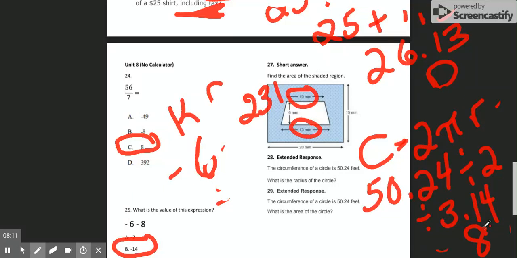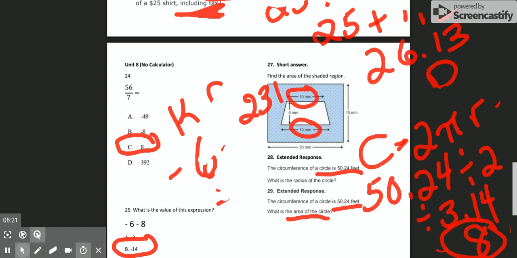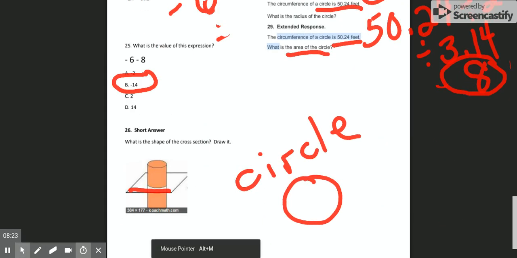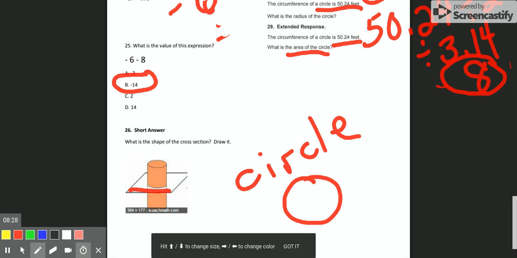And number 29, the circumference is 50.24, so we're doing the same thing, except now it wants to know the area. Well, we already figured out that the radius was 8, so all I do is the area formula, which is pi r squared.